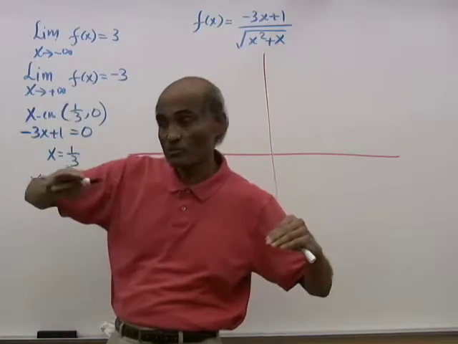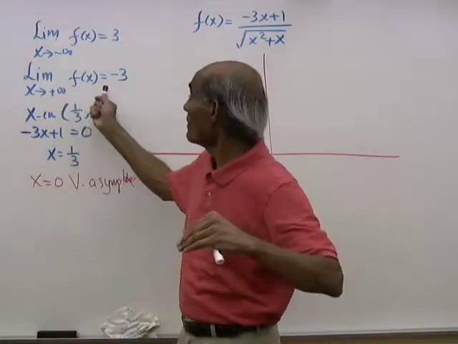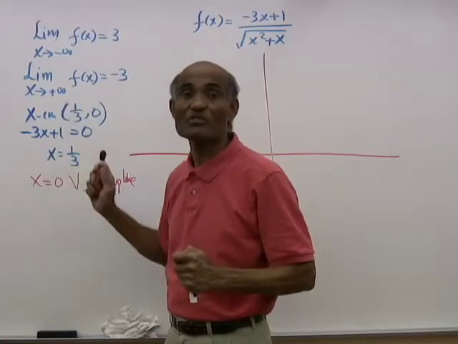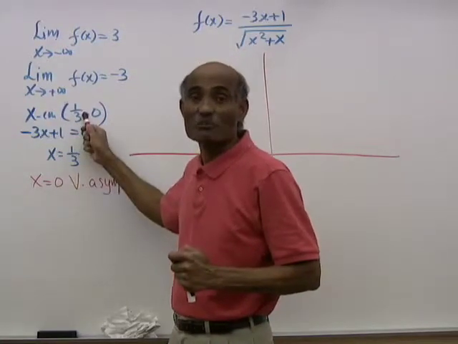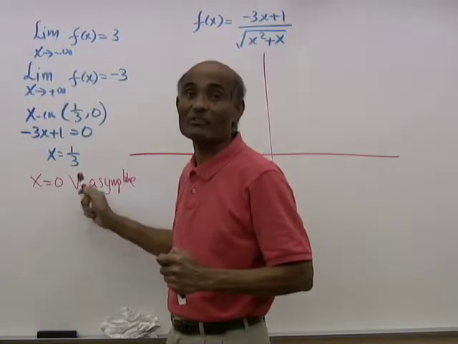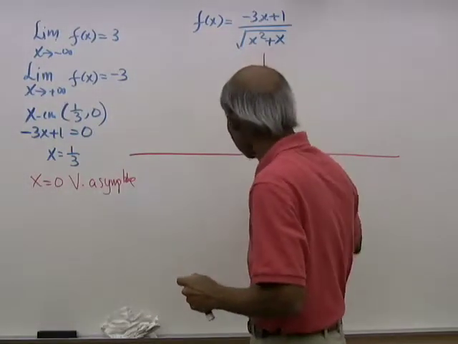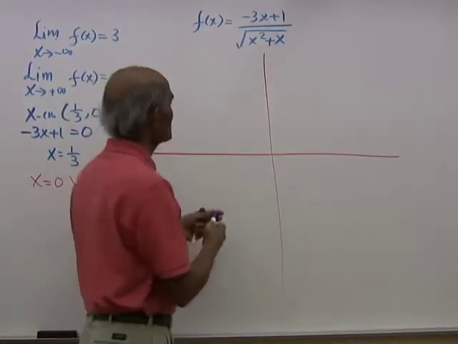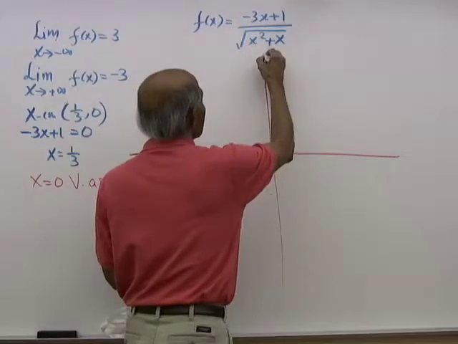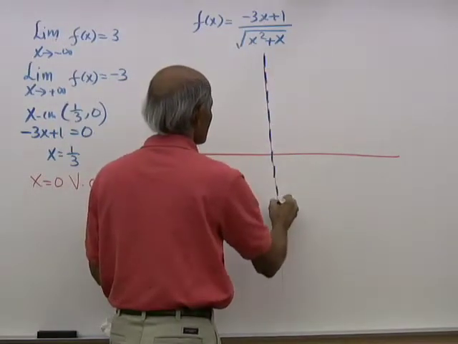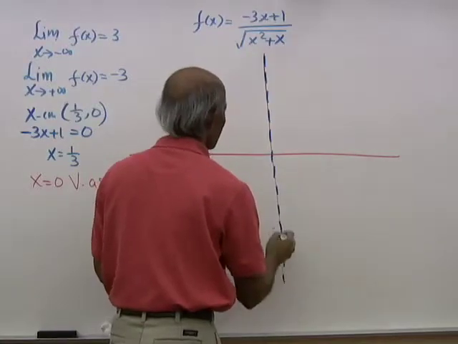When x goes to positive infinity, y approaches negative 3. The x-intercept is this point, x equal to 1/3, y equal to 0. And x equal to 0, that is the y-axis, is the vertical asymptote. And I can highlight it. This is the vertical asymptote.